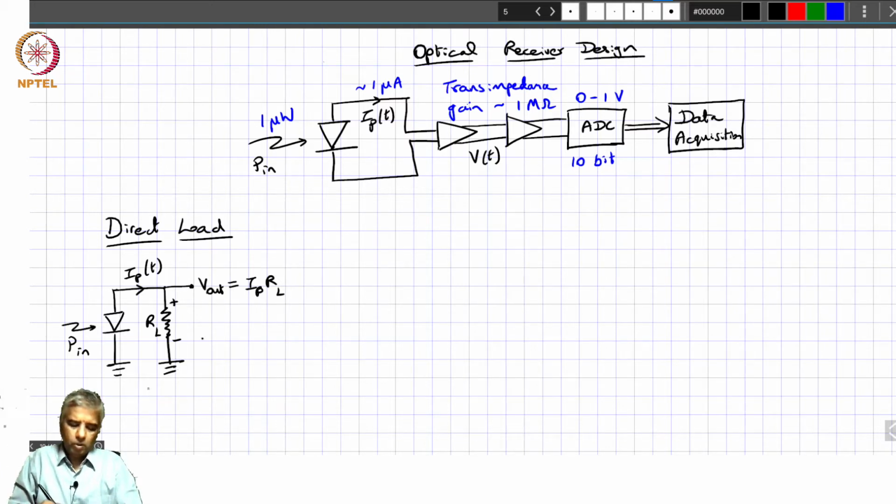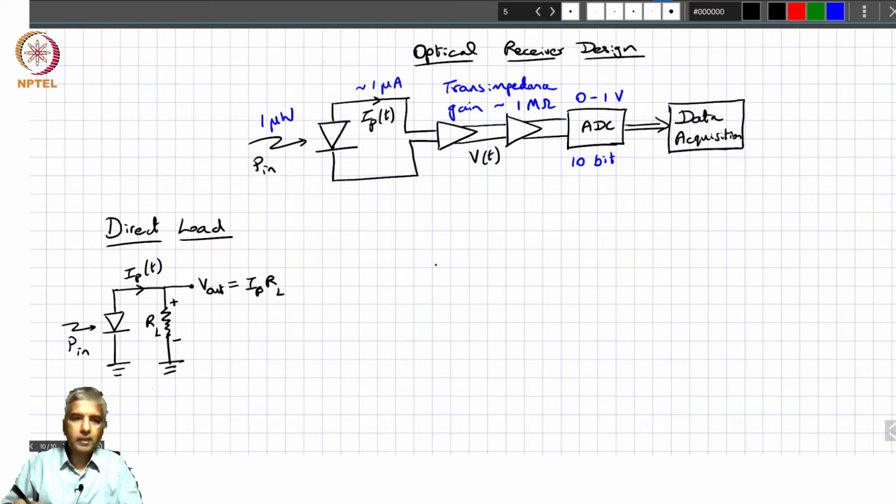But in doing so, the potential that develops here is going to act against the potential difference across the diode, or in other words, if you have a certain reverse bias, this potential difference is going to work against that reverse bias, and that might end up limiting the current.